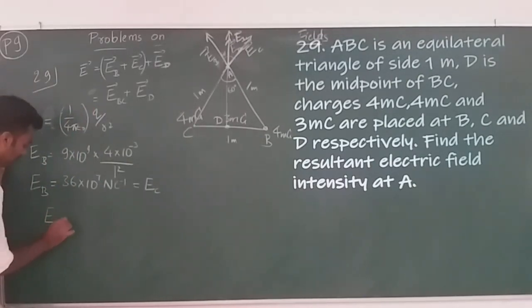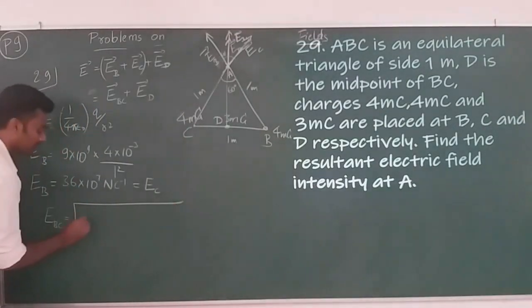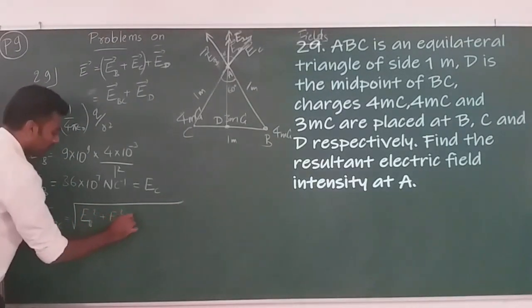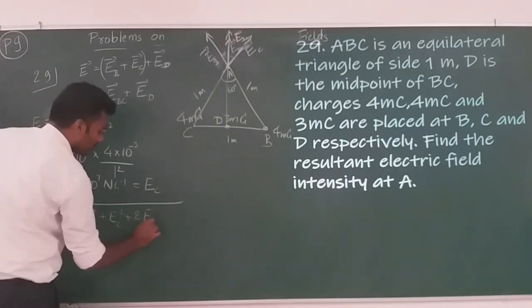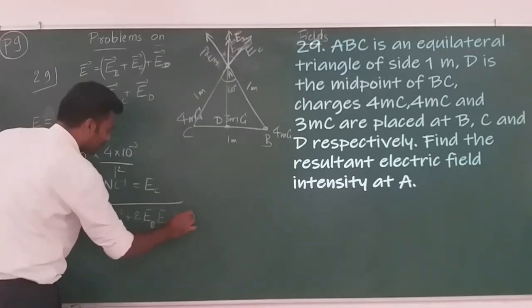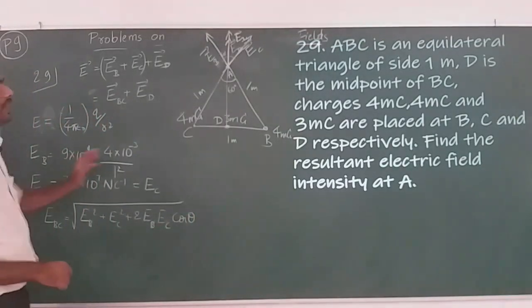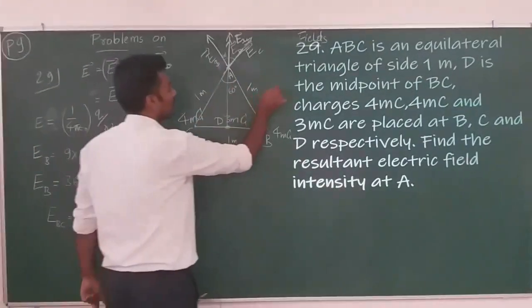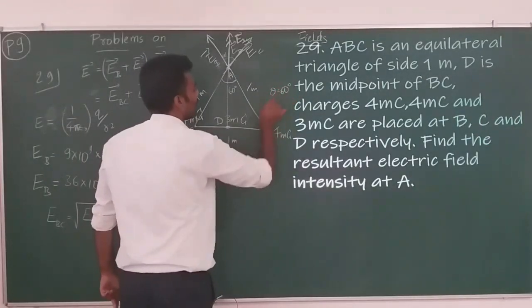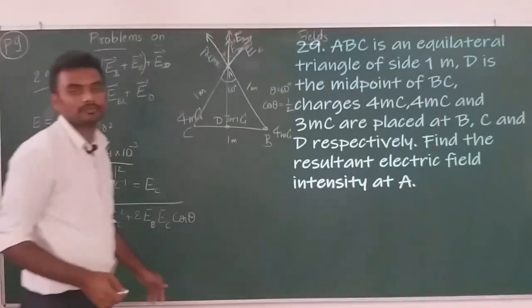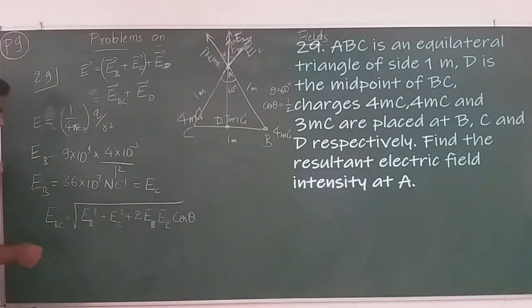So EBC is equal to root of EB squared plus EC squared plus 2 EB EC cos theta. What is the angle between EB and EC? It's 60 degrees, so theta is 60 degrees. That makes cos theta equal to half.